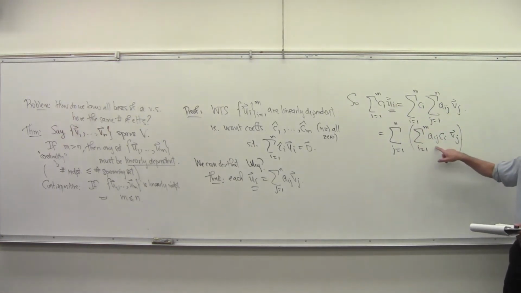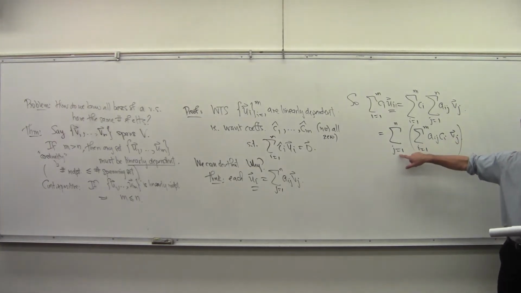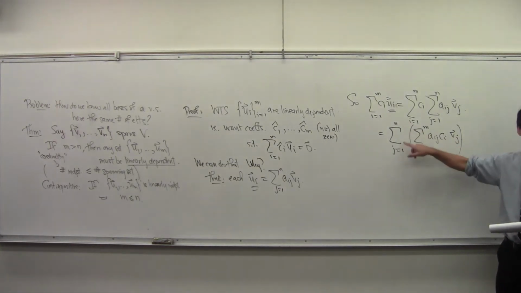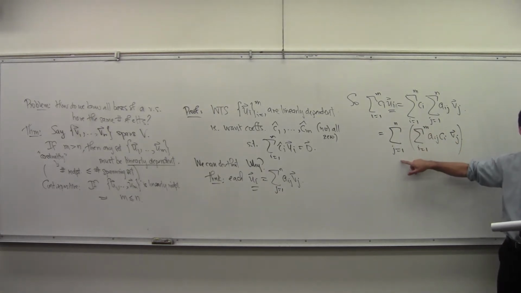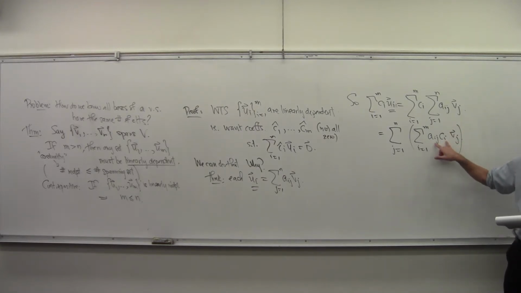Now look at this sum here. The j goes from 1 to n, and the vj I can pull out because it doesn't depend on the i.